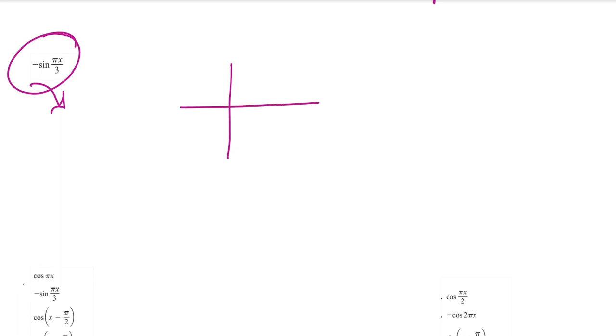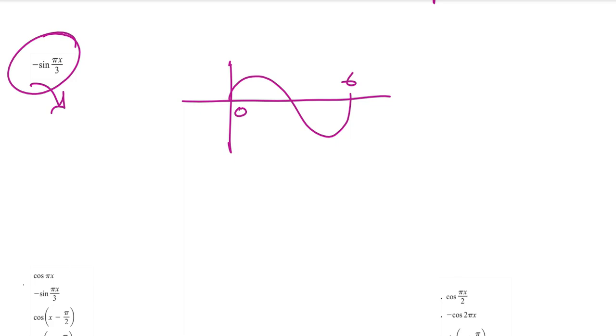So we know about the original graph of sine x. It's in this form. It ends at 2 pi, but now the function is sine of pi by 3 times x. So we can draw it, and we know the period is 6.